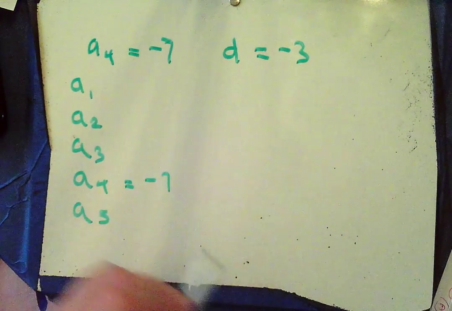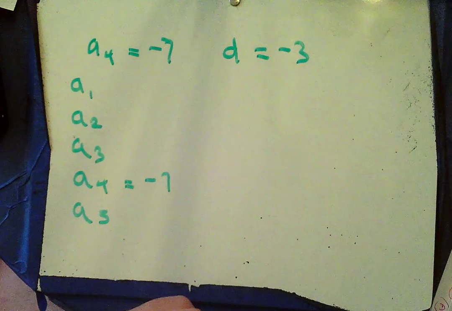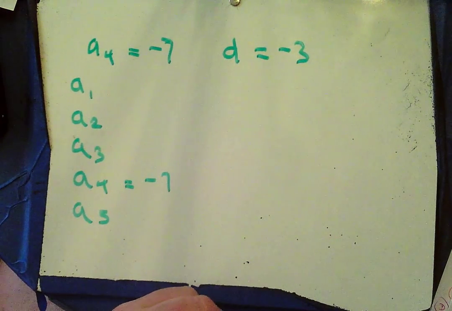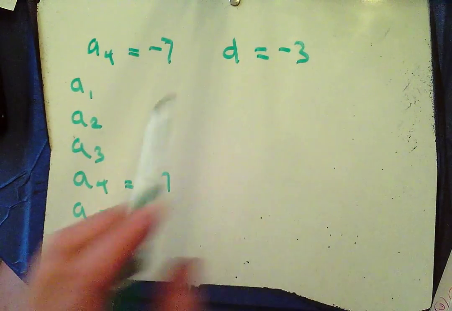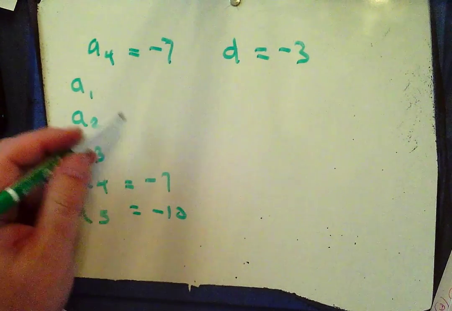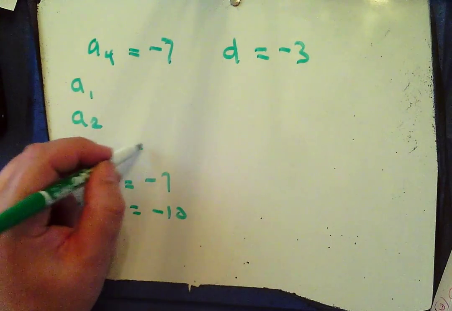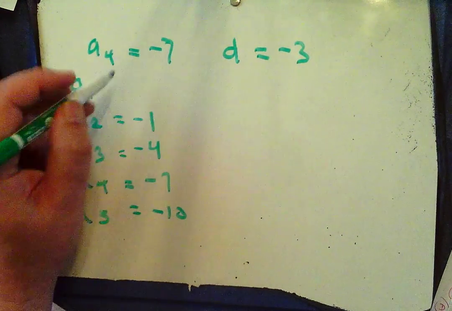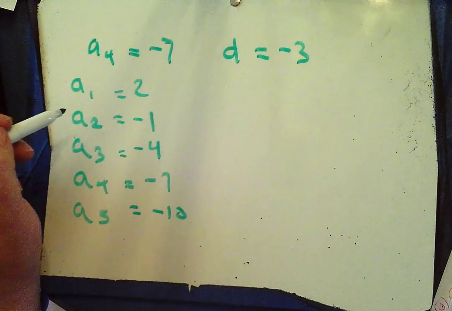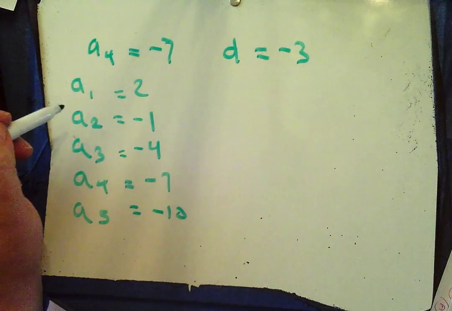Well, we know this one. And so some students still say, okay, I'm going to subtract 3. Oh, but wait, how do I find these? Do I subtract 3 again? No, I'm going backwards, so I have to add 3 to get those. And we can certainly do this problem that way.